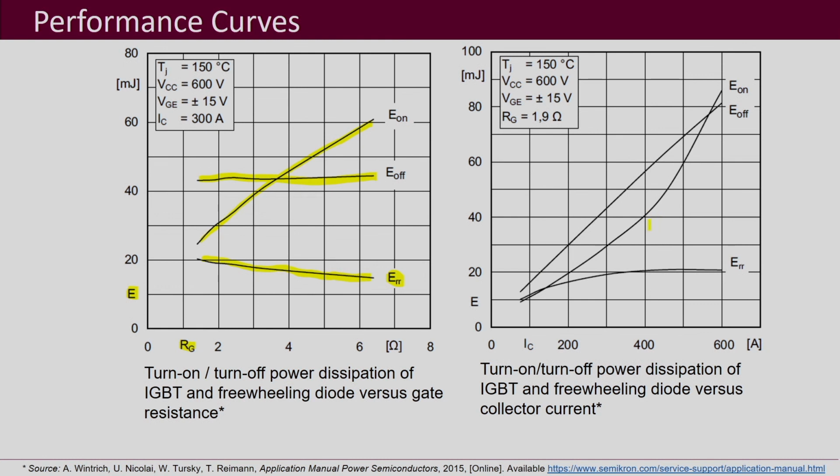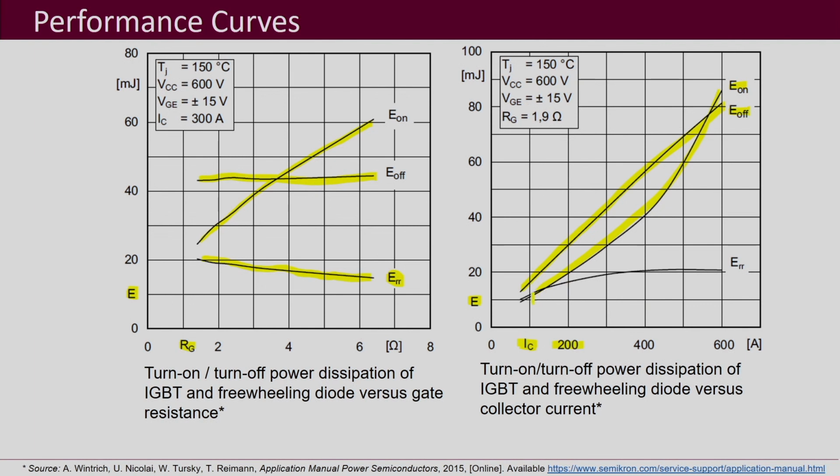And this is how the switching losses change with your collector current IC. What we expect is that as the collector current increases, the turn on and turn off times are obviously going to increase. So here we see that E off and E on both increase as the collector current increases, and that is what is expected.